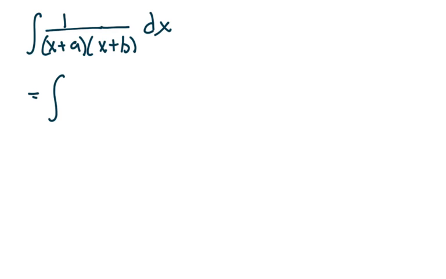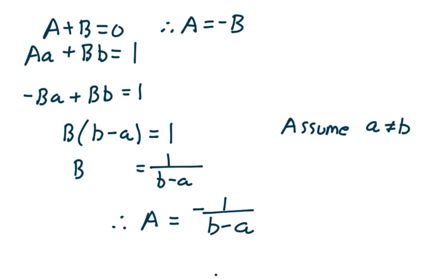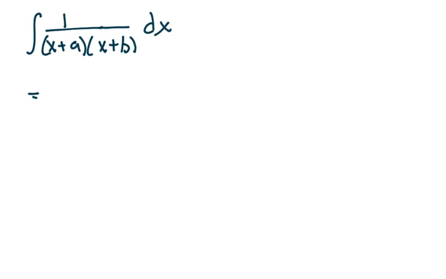So, the integral of 1 over x plus a times x plus b dx. Okay, so we get, here, I'm going to move the constant out in front. So A is negative 1 over b minus a.